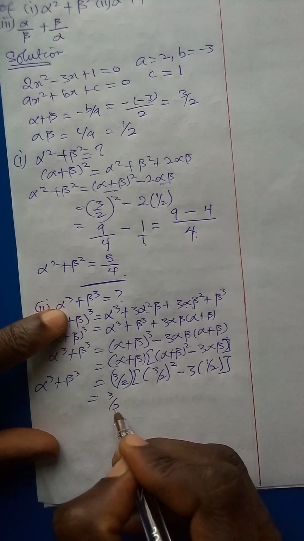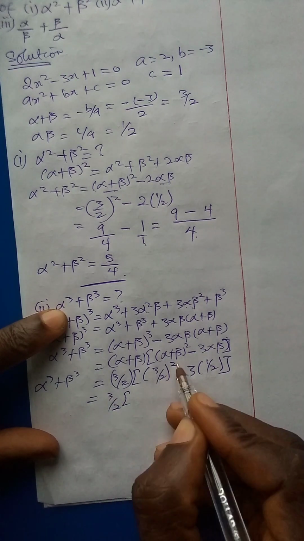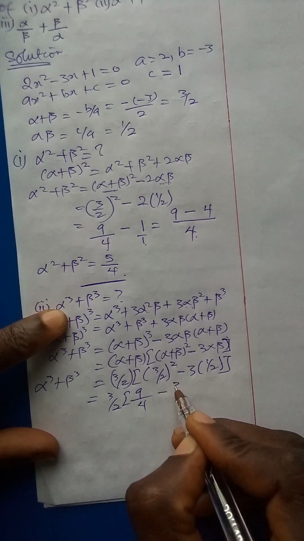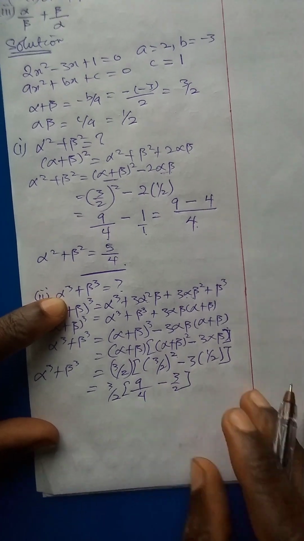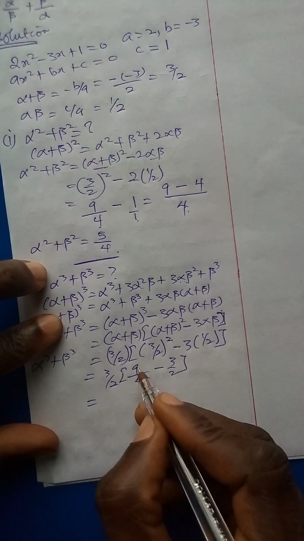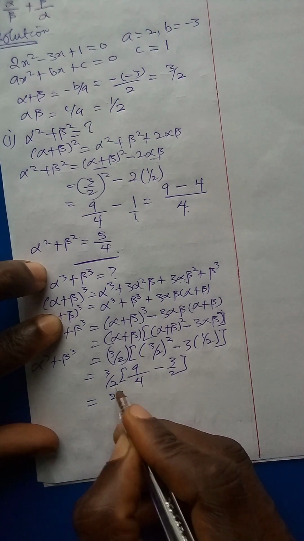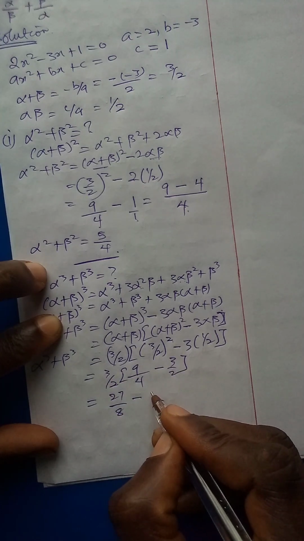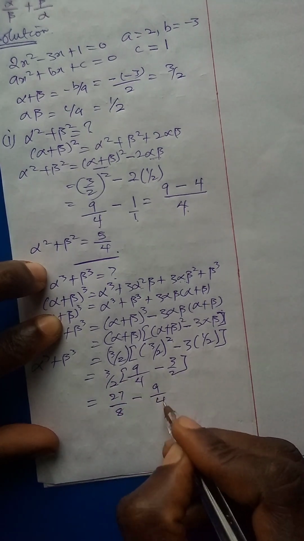Now 3 over 2 times 3 squared is 9, 2 squared is 4, minus 3 over 2 here. Let's open the bracket. We are given 3 times 9 is 27. 2 times 4 is 8. 3 times 3 is 9. 2 times 2 is 4.